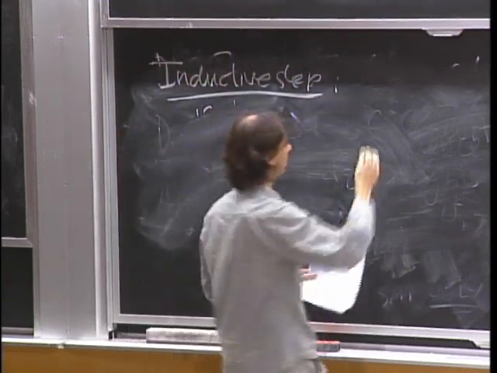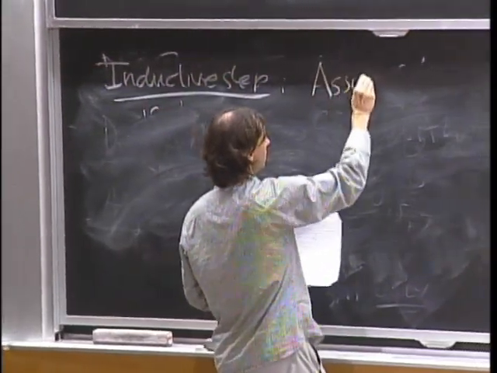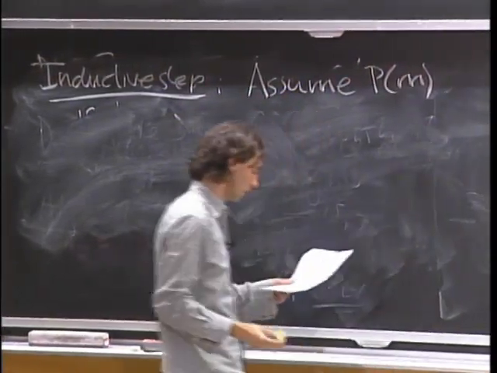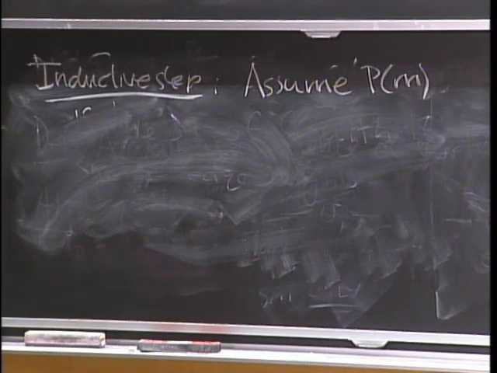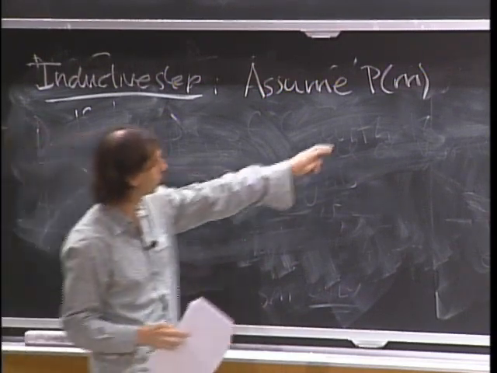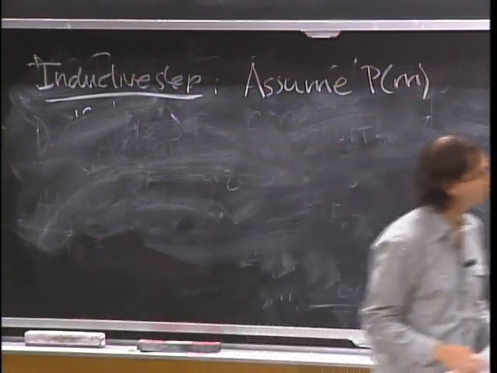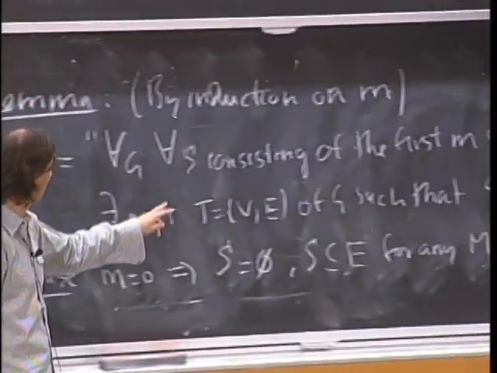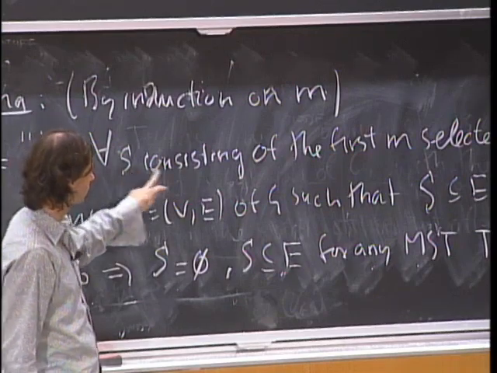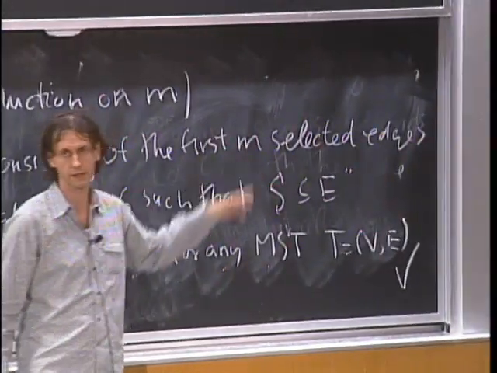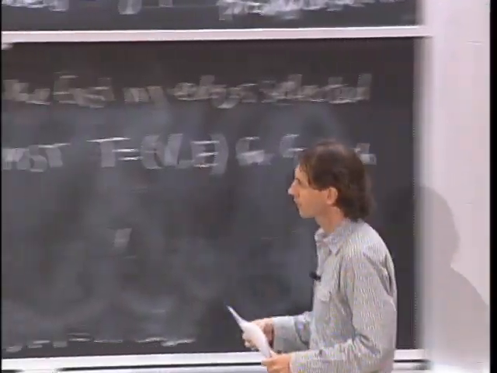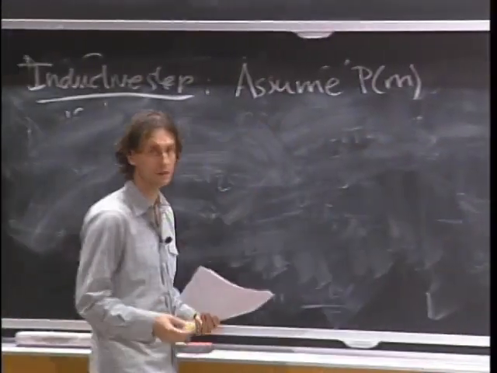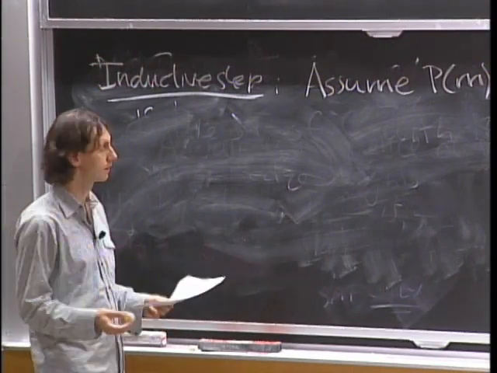We assume that P of M holds. Now, how do we go ahead? So I want to prove P of M plus 1, which is stated over here. So I want to consider the set S that consists of the first M plus 1 selected edges. So, essentially, what I am interested in is what happens in the M plus 1th step.